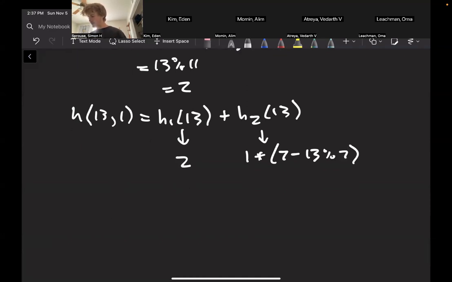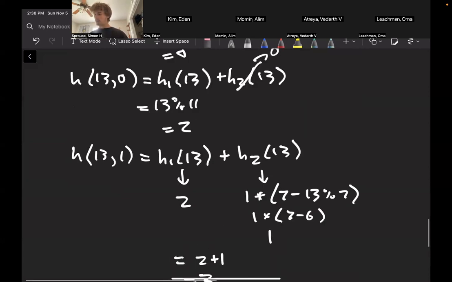I think 13 mod 7 is 6. So I think we're putting it back at index 3, because it's 2 plus 1.